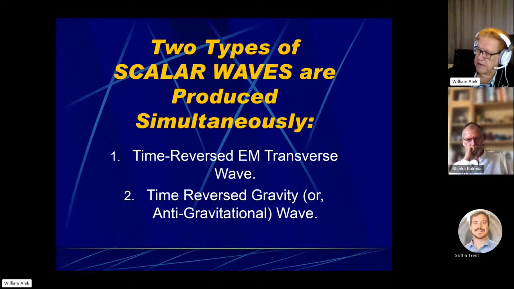The second scalar wave we see is a time-reversed gravity wave. Since it's time-reversed, we would call that an anti-gravitational wave, and that's what Tom spoke about as well: time-reversed gravity, or an anti-gravitational wave, or a longitudinal wave.